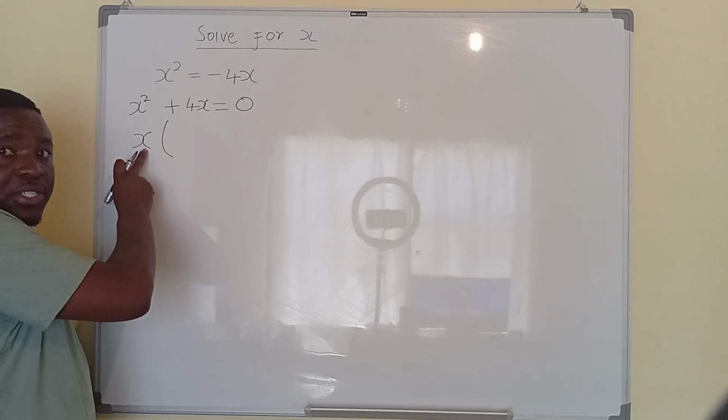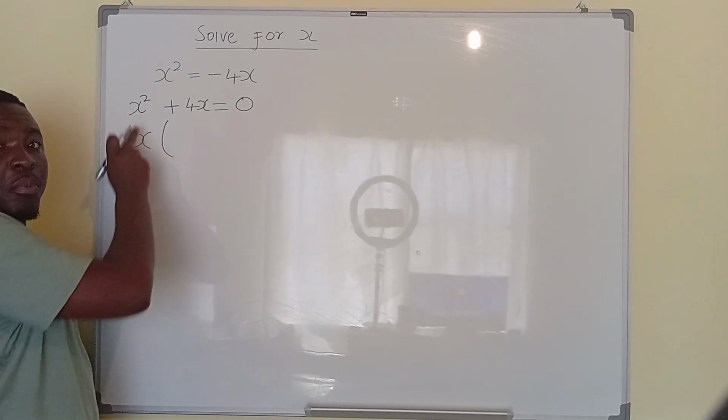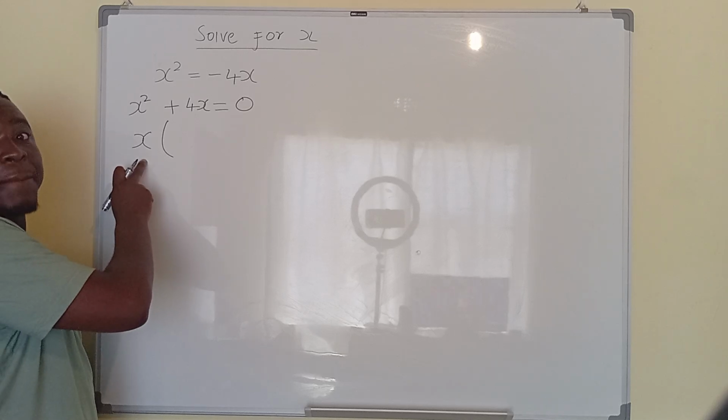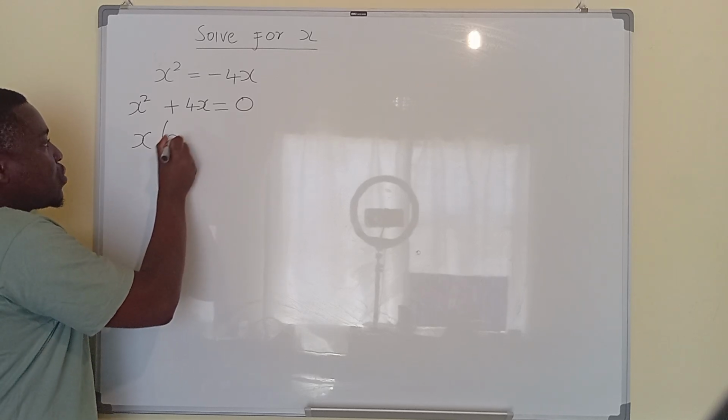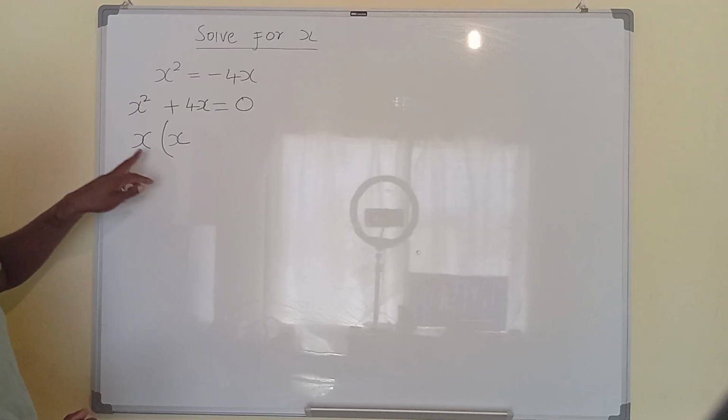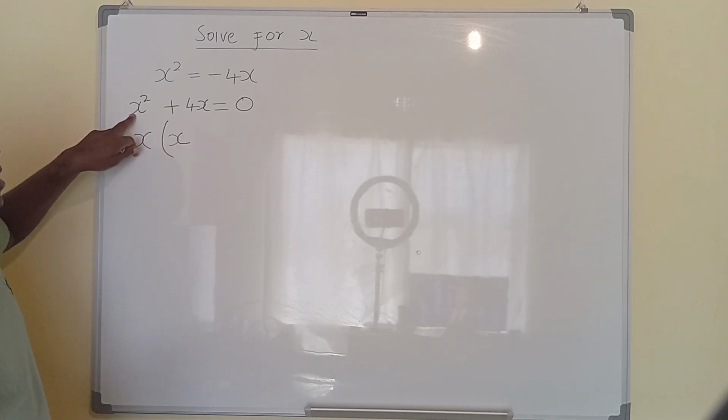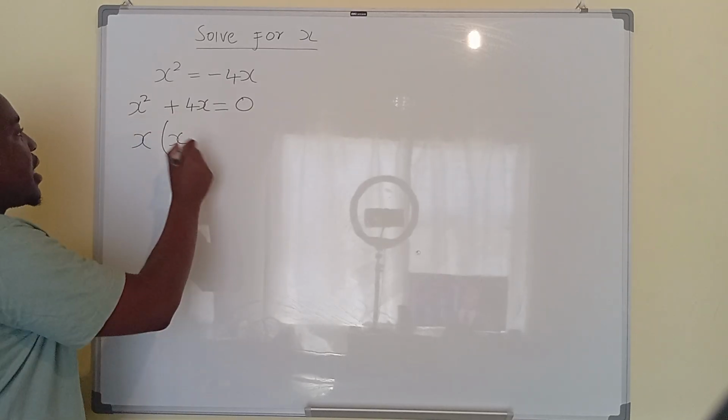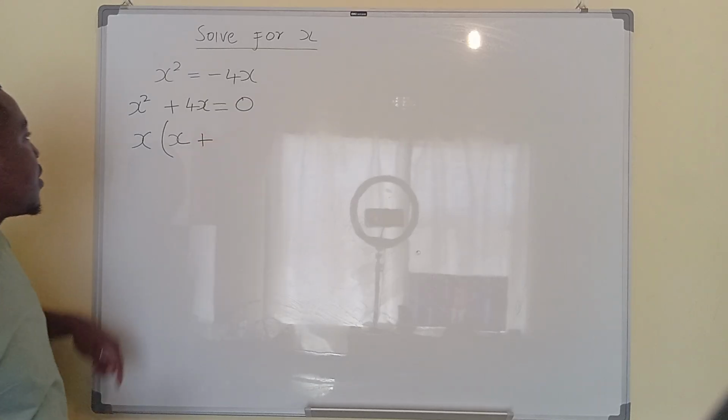To get x squared, we have to multiply this x by x. So x multiplied by x still gives us x squared. The next sign here is a positive sign.